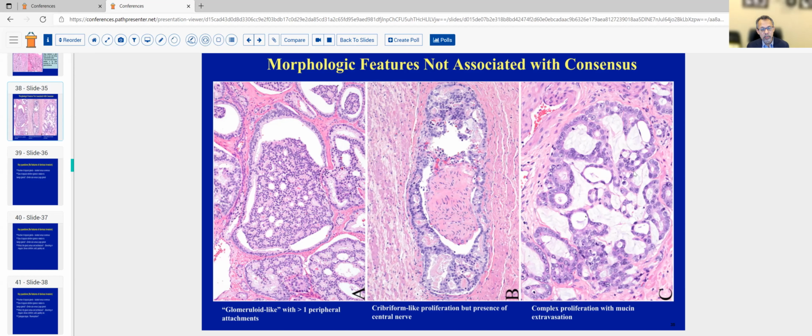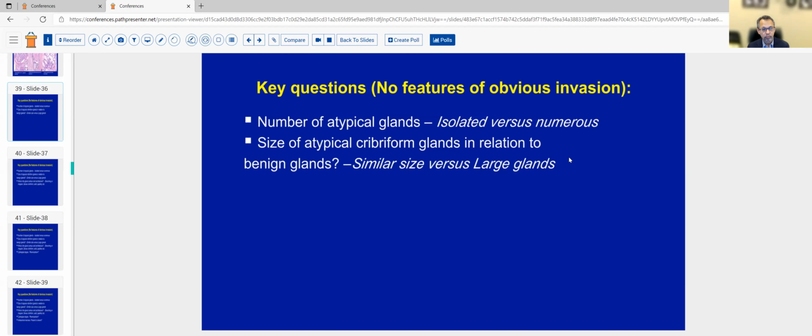And the reason I'm emphasizing this is that now both societies, the GU-PATH Society as well as ISUP, recommend reporting of cribriform prostate cancer. So again, knowing the reproducible features is very, very important.